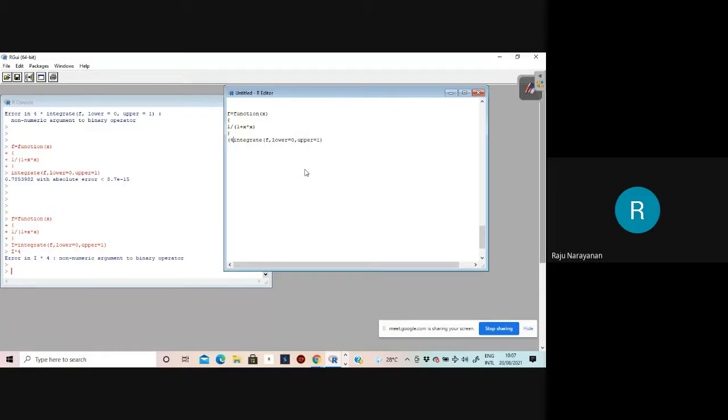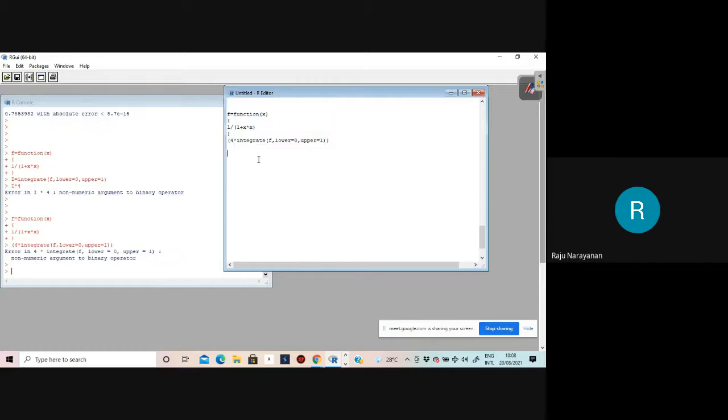Brackets, 4 into. This way, yes, sir. Now close one bracket. Let us try whether we can cheat him. It is very easy to cheat a computer. No, he is not happy with that also. Okay. And 4 star bracket.